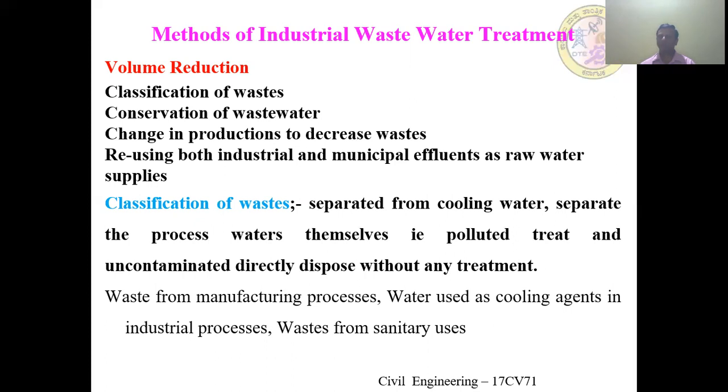For example, floor washing waste contains only some inorganic substance, so that water can be used for cooling purpose. Or we can use that water for gardening. So that the amount of water to be treated is reduced. That's why we are going to classify the water from where it originates.